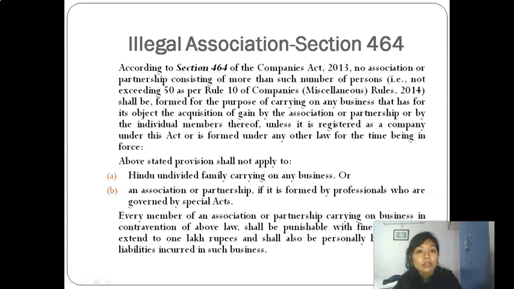Legally, if any partnership firm or association of persons has more than 50 members and is carrying out business with the object of acquiring profit, then such an association or partnership firm will be called an illegal association. Such an association or partnership firm needs to get registered under the Companies Act compulsorily.